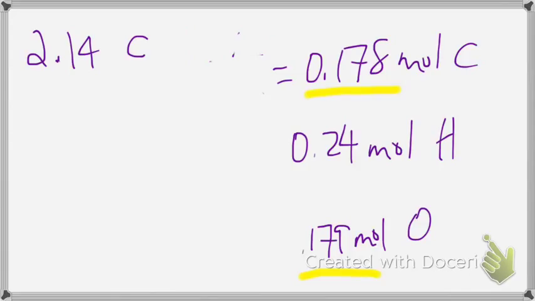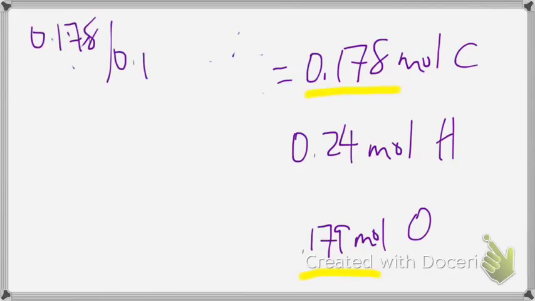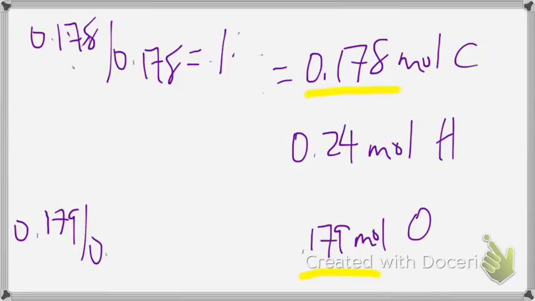When we divide 0.178 by 0.178, we're going to get 1 mole. Likewise, if we divide 0.179 by 0.178, we're going to get 1.